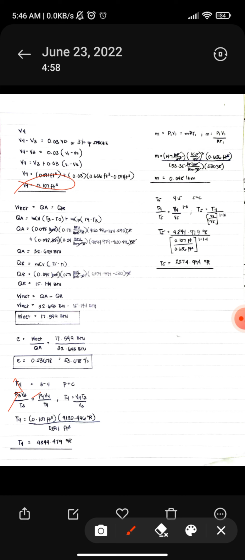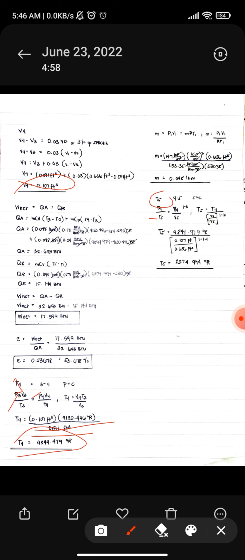So T4 equals 0.107 cubic feet times T3 natin na 4120.496 degree Rankine over V3 na 0.891 cubic feet. So yung T4 natin is we have 4844.479 degree Rankine.